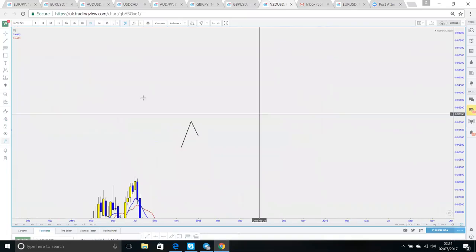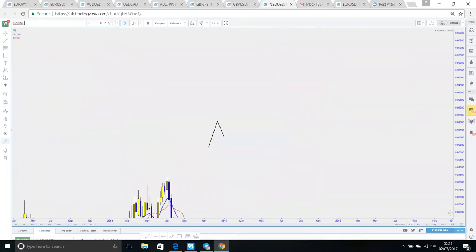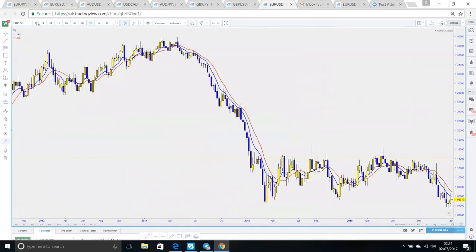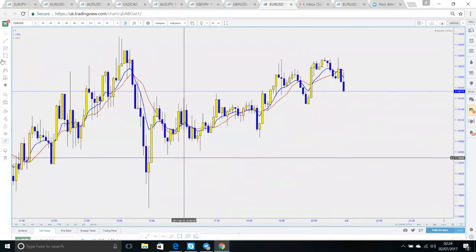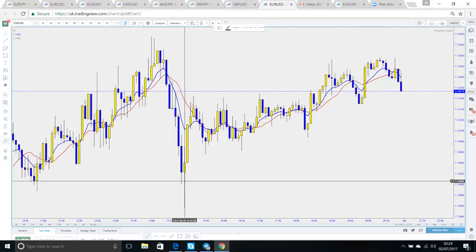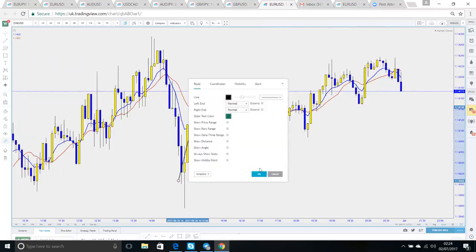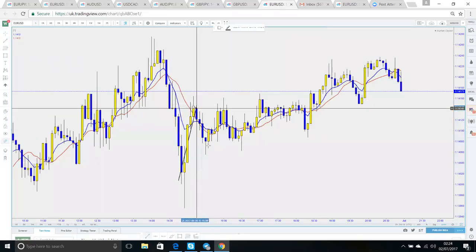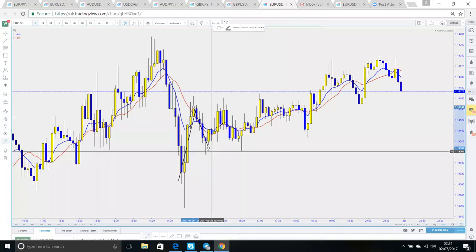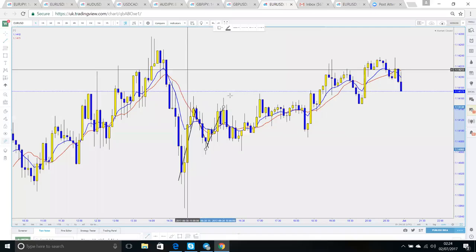New Zealand dollar. Okay, guys, I'm going to show you something. I'm not suggesting you practice this, but I'm just going to show you this. For some reason it's not working again.